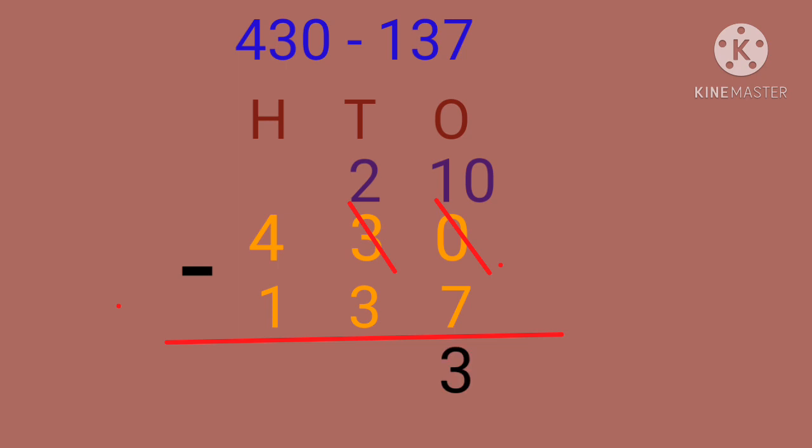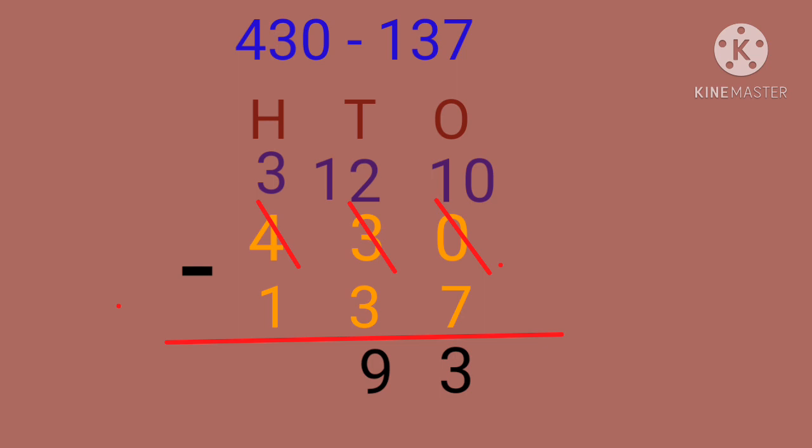Now, let us subtract the digits in the tens place. But before that, you can see that 2 is smaller than 3. Again, we have to regroup the digit in the hundreds place now. Take away 100 from 4 hundreds and you get 3 hundreds left. Now, 100 is carried over to the tens place and you get 12 tens. 12 minus 3 tens is equal to 9 tens.